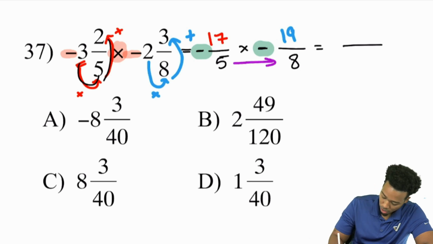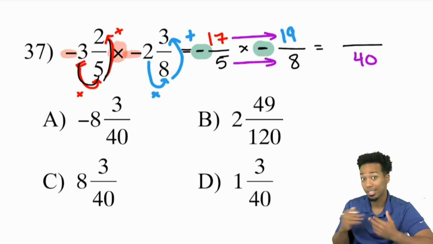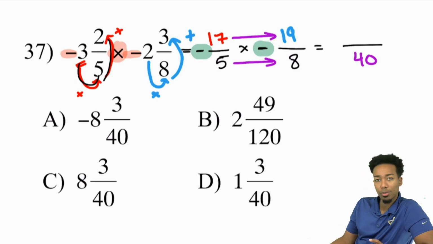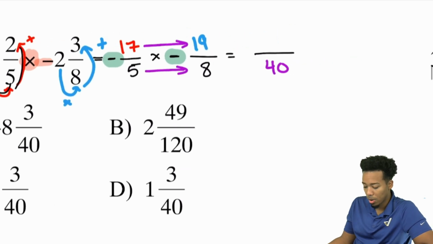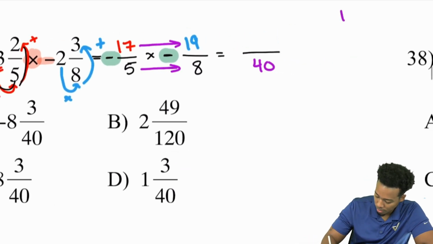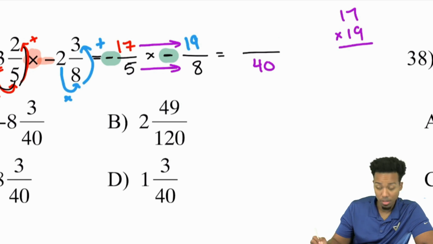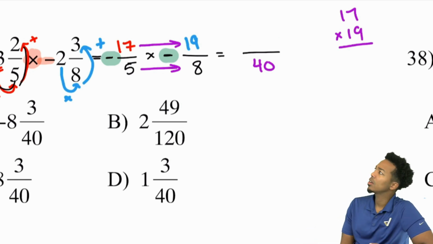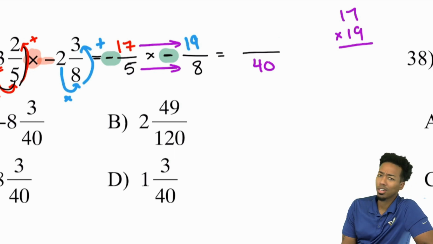Just multiply straight across. I'm going to do 5 times 8 first because that's 40, which is pretty easy. Then 17 times 19, how do we do that? You can multiply like you normally do, 17 times 19 like this, or you can use mental math. With mental math, 19 is pretty close to 20.